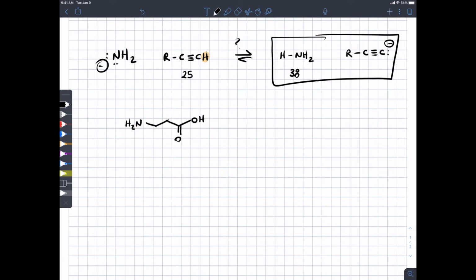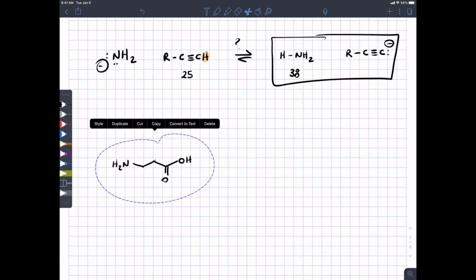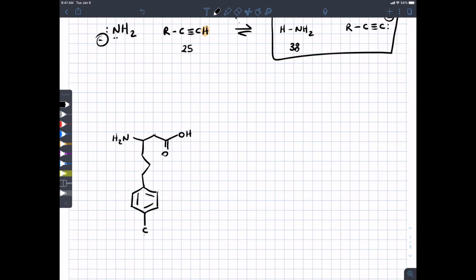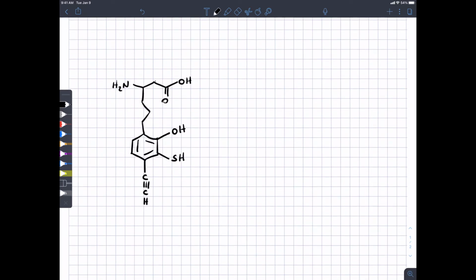And then maybe let's have some horrible looking side chain here. Are we tired yet? Okay, that's close enough.